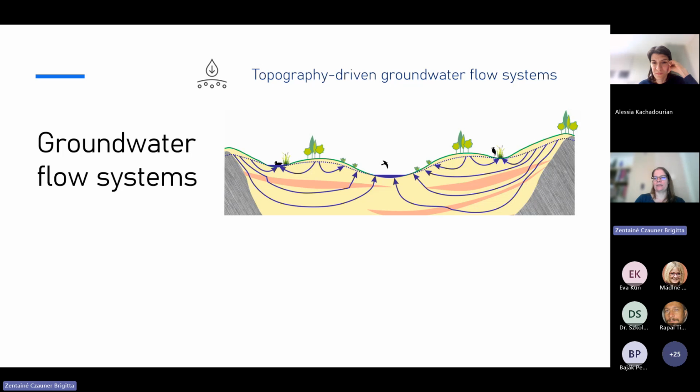So we know that in the regional, intermediate, and local recharge areas, water can infiltrate into the saturated zone and feed these groundwater flow systems. It will also be important later that these flow systems usually represent normal pressure conditions.